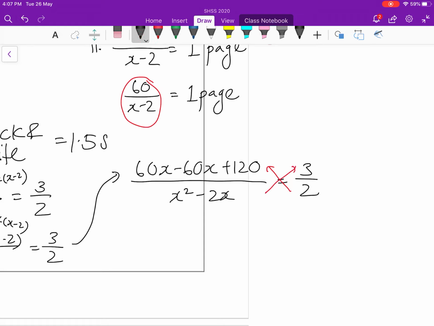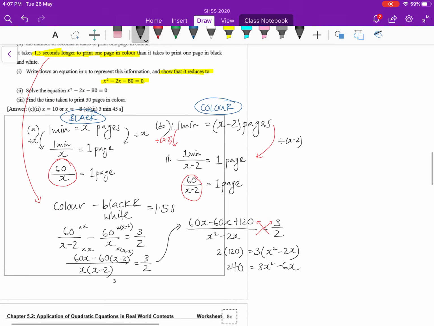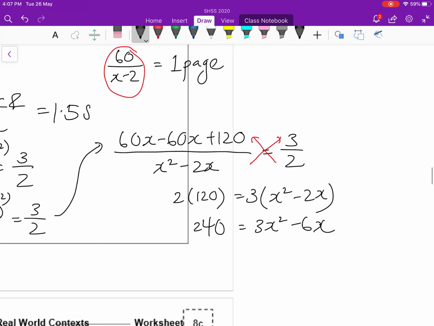We all know 60x minus 60x gives you nothing. So it's 2 times 120 equals 3 times x squared minus 2x, which is 240 equals 3x squared minus 6x. Okay, I can simplify this because I can divide by 3 on each side.